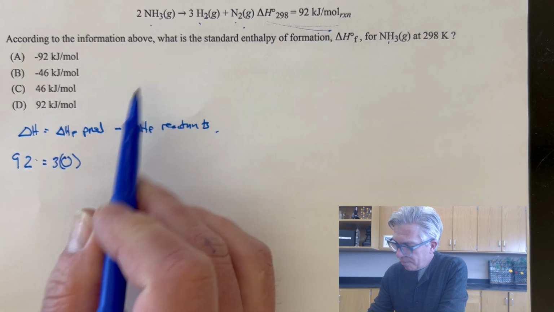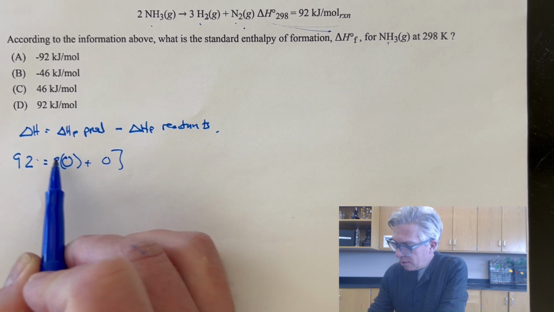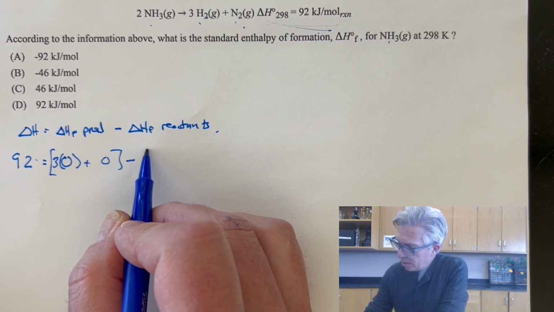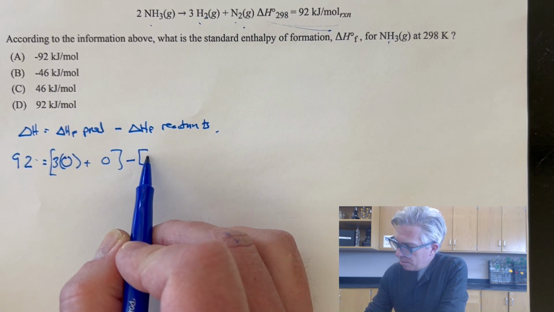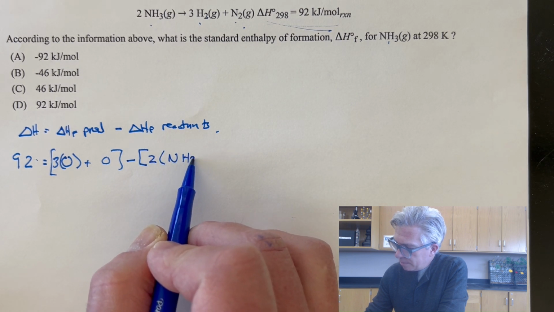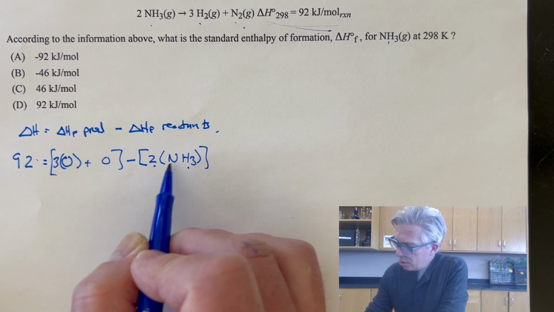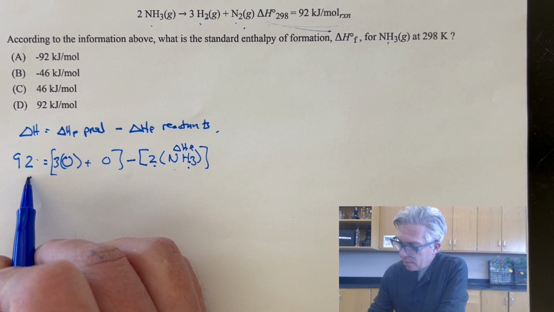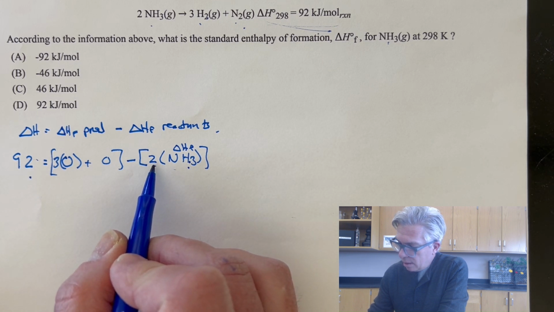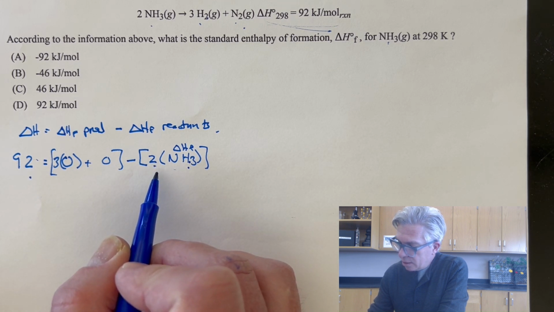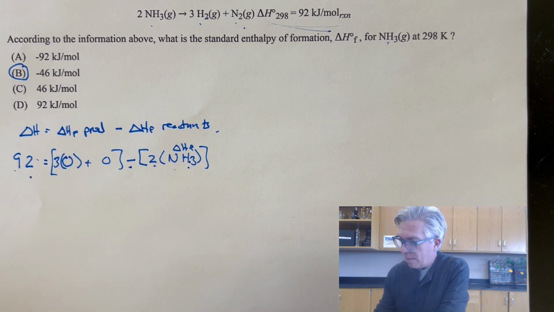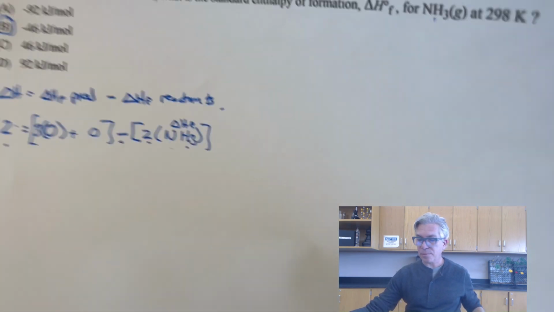So 3 times 0 for the hydrogen plus 1 times 0 for the nitrogen just gives me 0. This is a positive 92. So that means 2 times the delta HF for ammonia has to equal 92. And this is going to end up being negative 46 because of that negative sign, and we're just dividing that by 2, so negative 46.